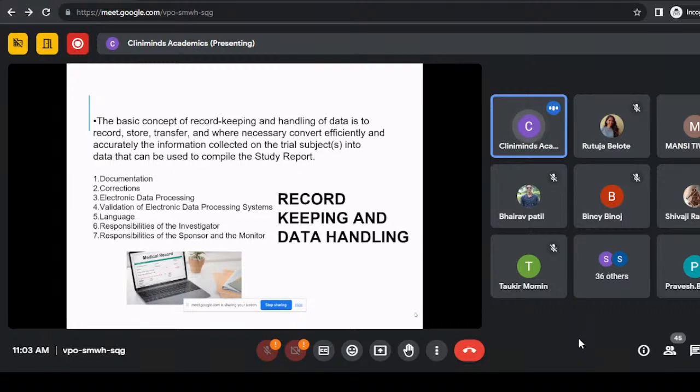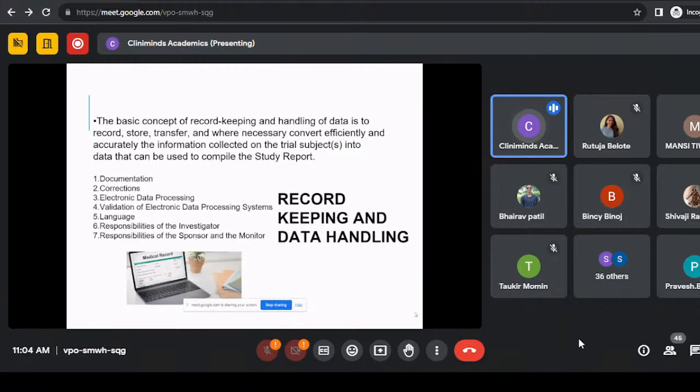Only a person who is authorized and has the login details can do any data entry or any changes or modifications. The system will record who made the changes, when, and why. This capability to record this information is known as an audit trail.